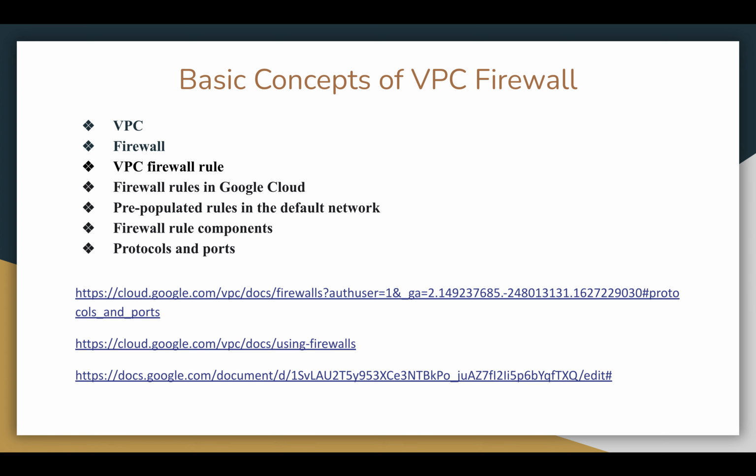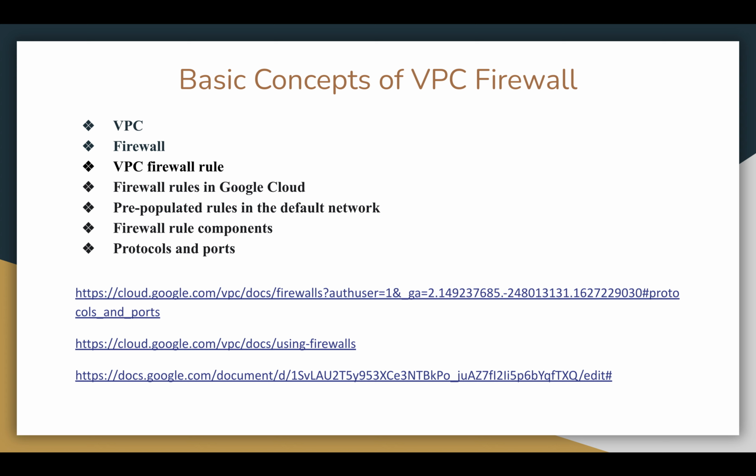Next we are going to see VPC firewall rules. Overview: virtual private cloud firewall rules apply to a given project and network. We can apply firewall rules to multiple VPC networks in an organization.